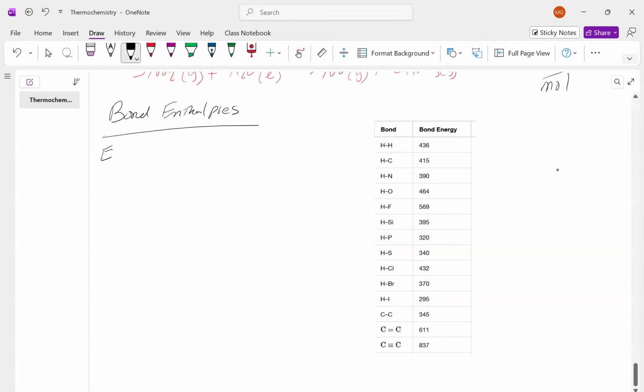And the key concept is that energy is required to break bonds. All right, breaking bonds requires energy. I just said that. Or we can look at it as absorbs energy.